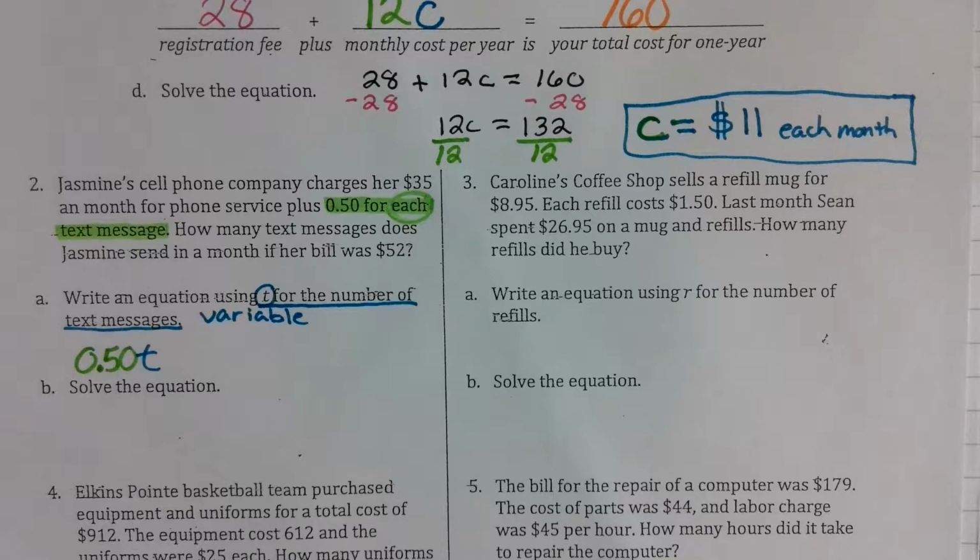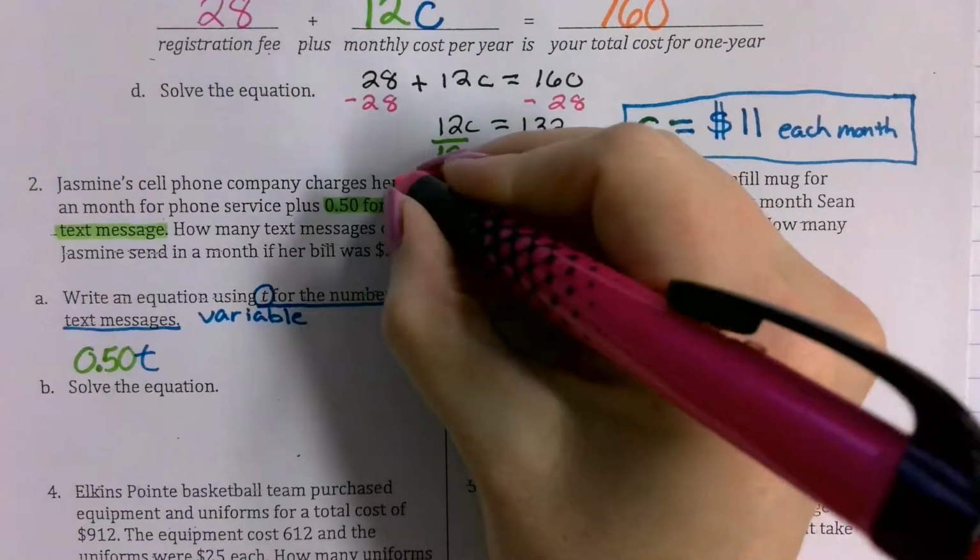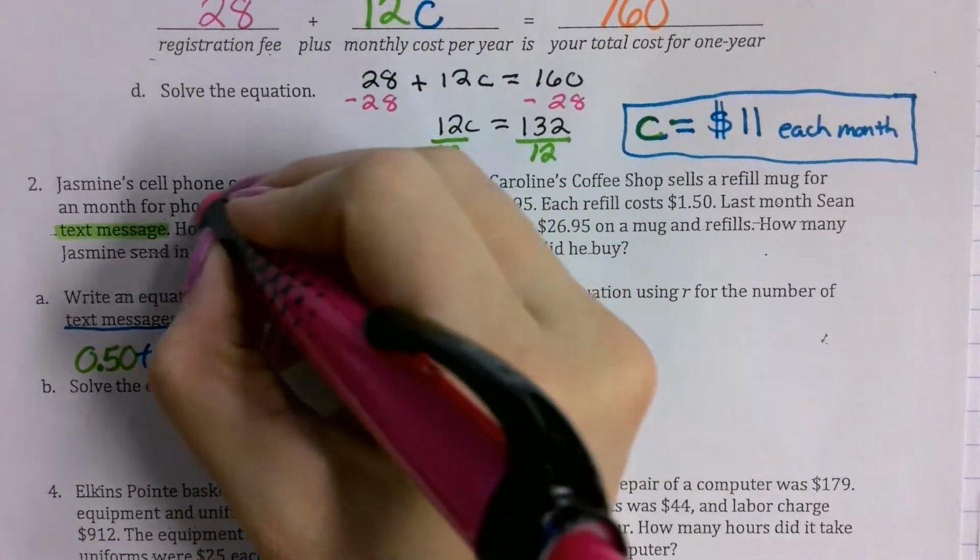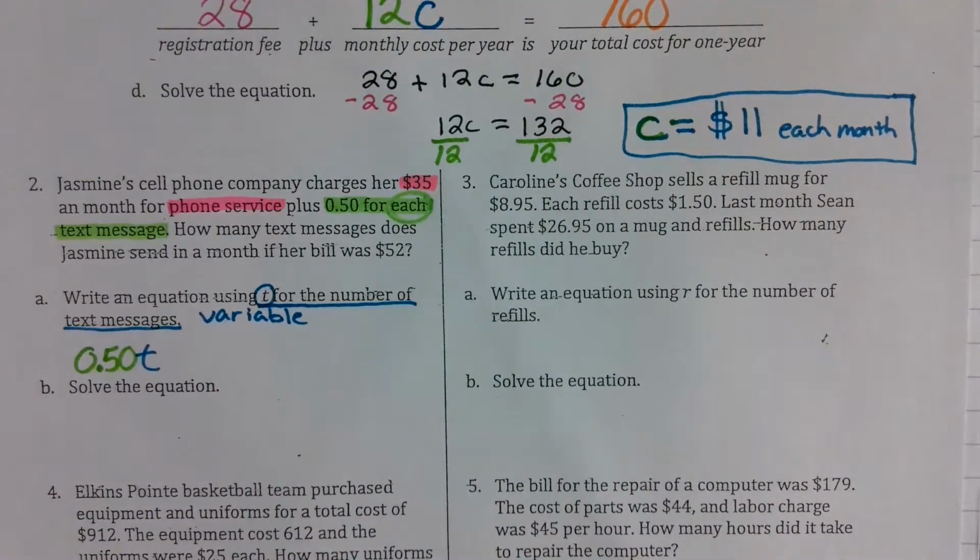Now, my one-time value. What's my one-time value, Joel? 35. Okay, they're going to charge me for service, $35 for the phone service. So I pay $35, and on top of it, I pay a random amount of money for however many text messages I would have.